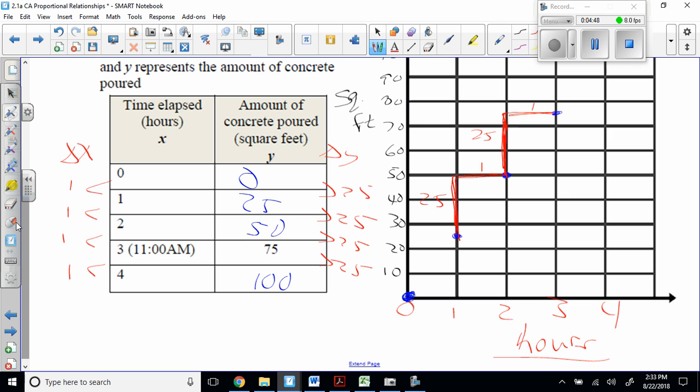If I were to connect those dots, what would it form? A triangle, a circle, a trapezoid. What would it form if I were to connect the dots?